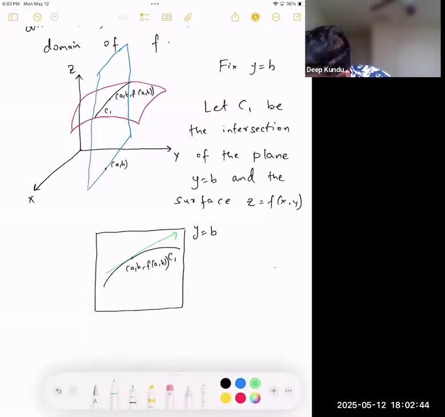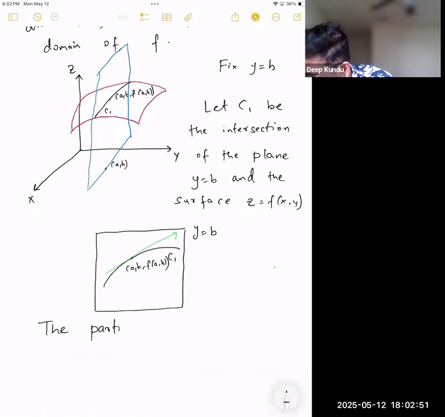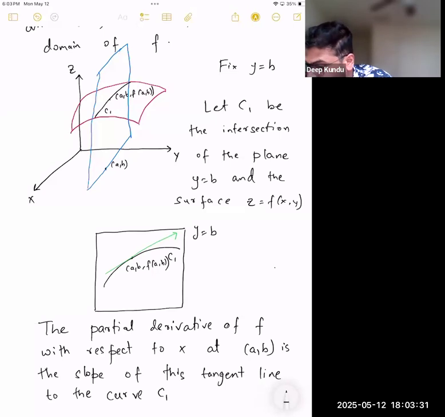So the partial derivative of f with respect to x at the point (a, b) is the slope of this tangent line, the line that I've drawn in green, to the curve C1, which lies in the plane y equals b.